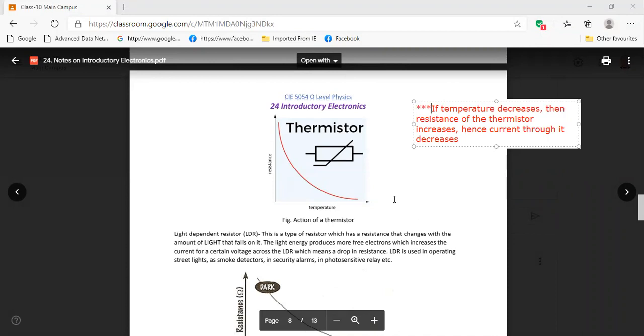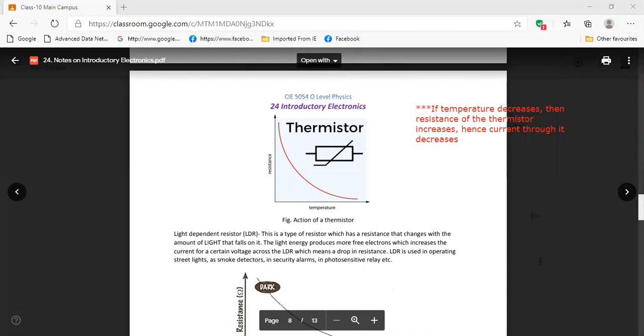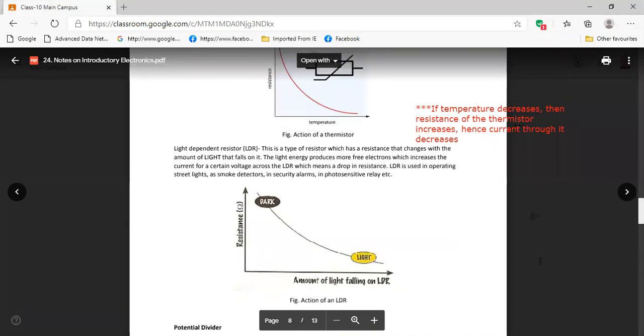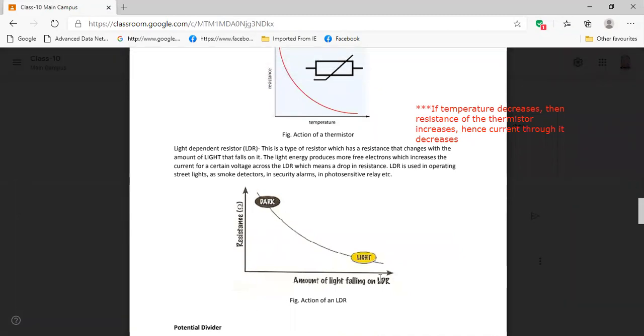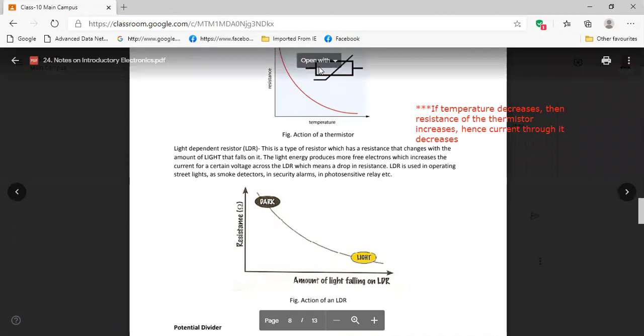Now we are discussing light dependent resistors. Similar way, just in place of temperature, it will be light. Is it clear? So in place of temperature, when you are getting light, that is LDR, light dependent resistor. It works in the same way. So you write here, draw this diagram, then write what I am writing.